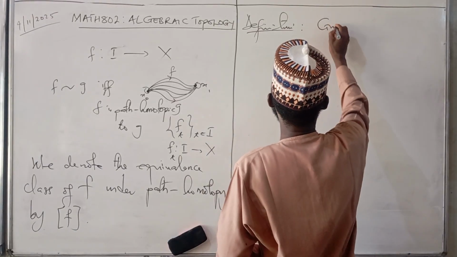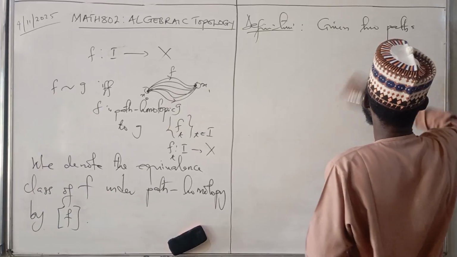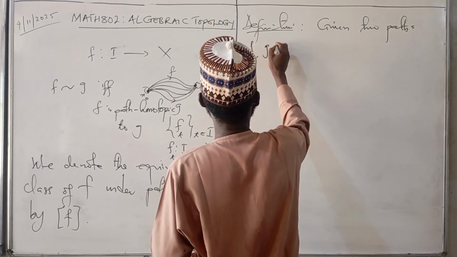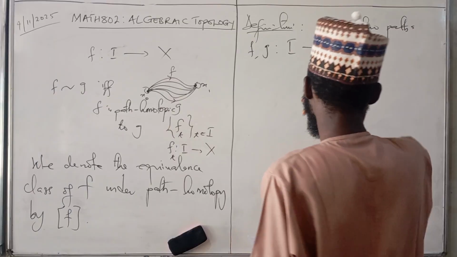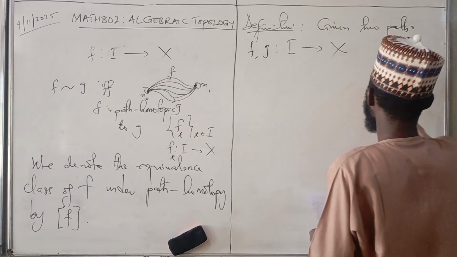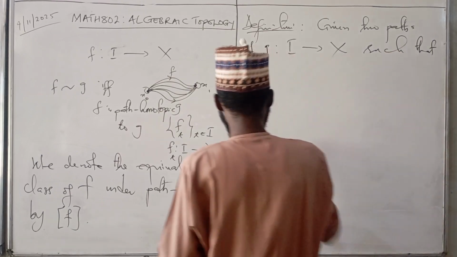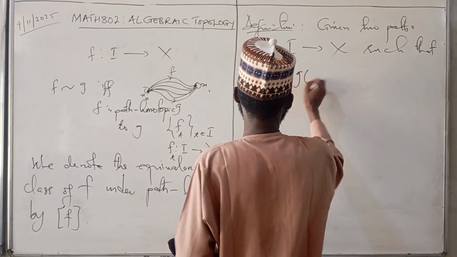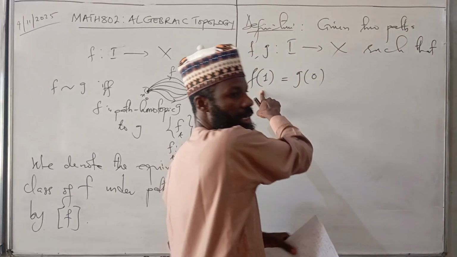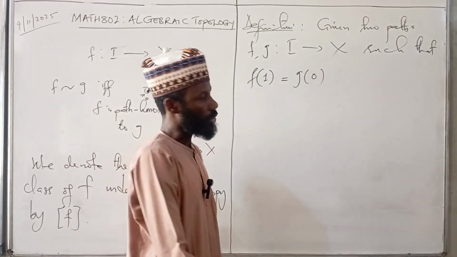Given two paths, f and g, in a topological space X, such that f(1) is equal to g(0), meaning the terminal point of f is equal to the initial point of g.